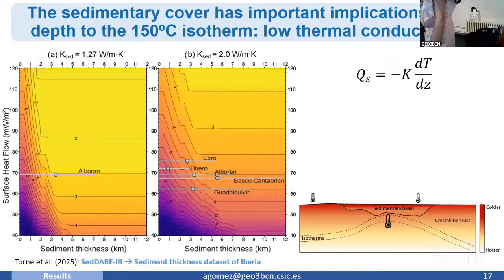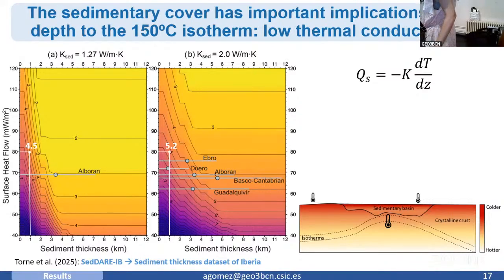And here you see in the x-axis the sediment thickness and the y-axis the surface heat flow. So if we have a look, for example, here, a surface heat flow of 80 and a sediment thickness of 1, we will expect to have the depth to the 150 degrees isotherm at about 4.5 kilometers. However, if we increase the thermal conductivity of the sediments, meaning that we allow the heat to escape more efficiently from the system, actually the depth to the isotherm will increase to 4.2.